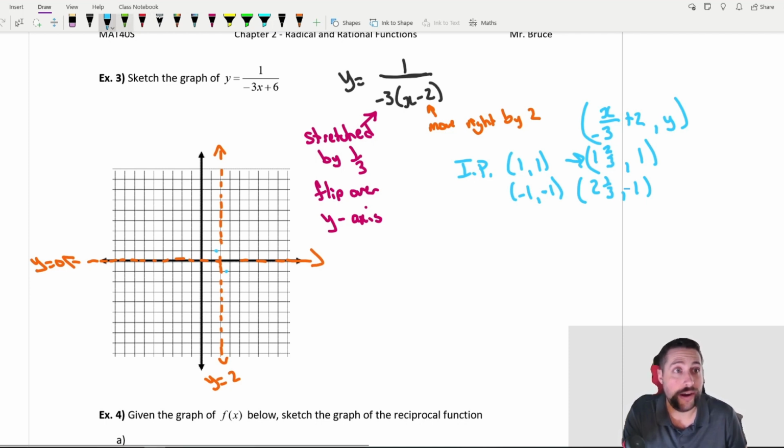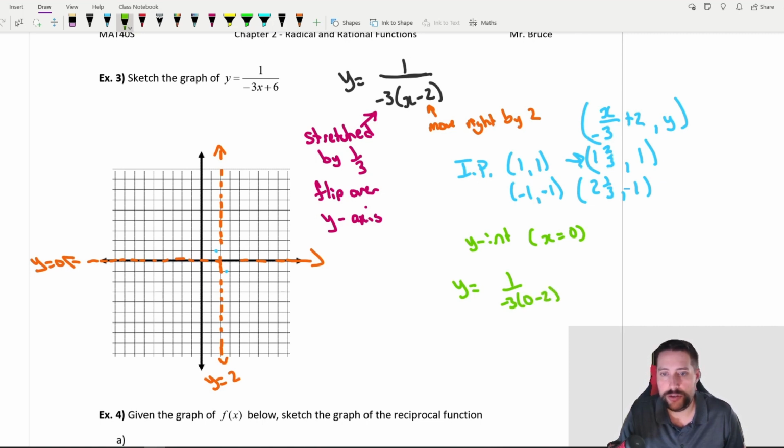So we can now graph this particular function. Before we do that, actually, let's find our y-intercept. We set x equal to 0. In this case, y is equal to 1 over -3 times (0 minus 2), so -3 times -2, so y is equal to 1 over 6. That is our other point that we can graph.